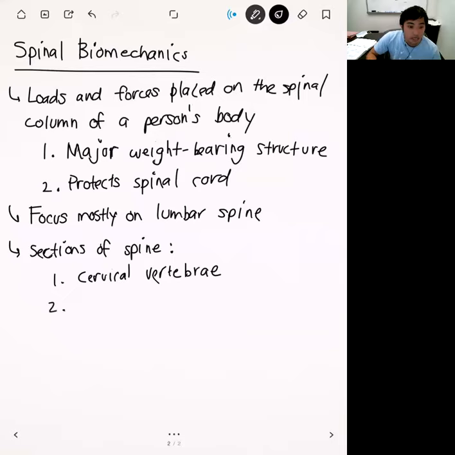The second part of the spine is your thoracic vertebrae. Third is your lumbar vertebrae.